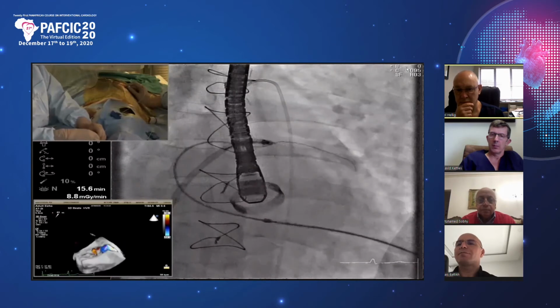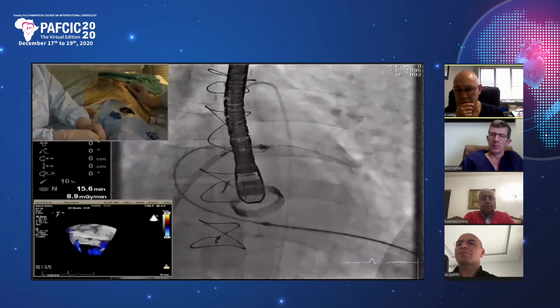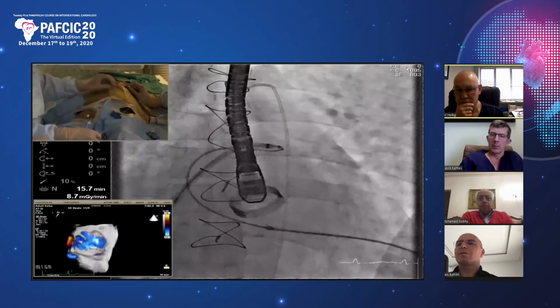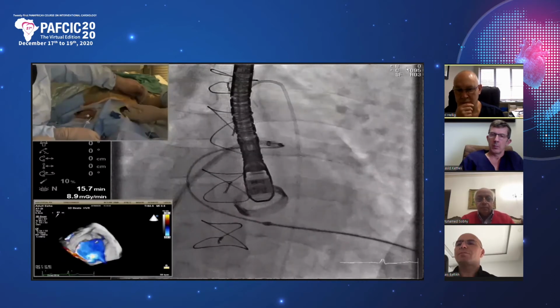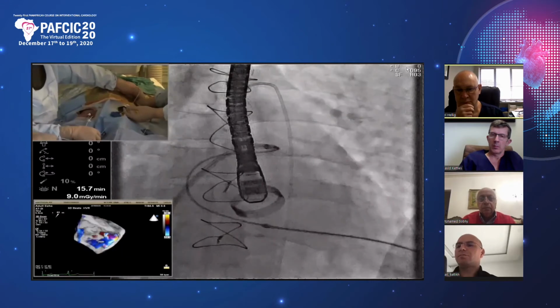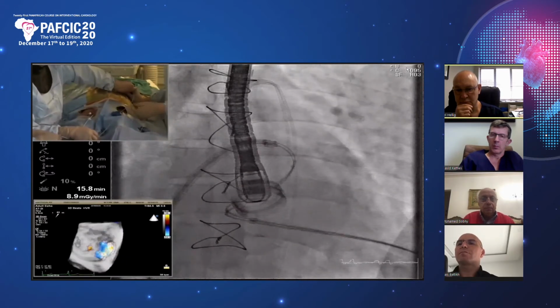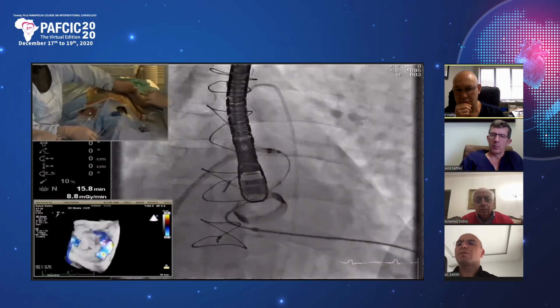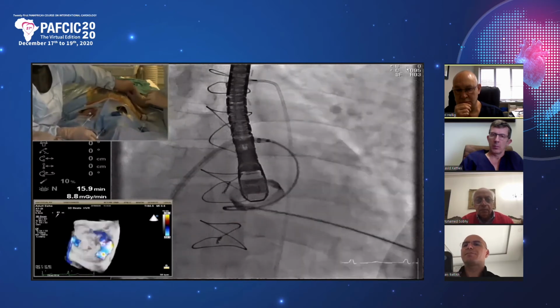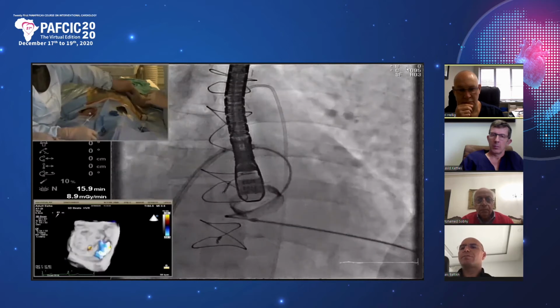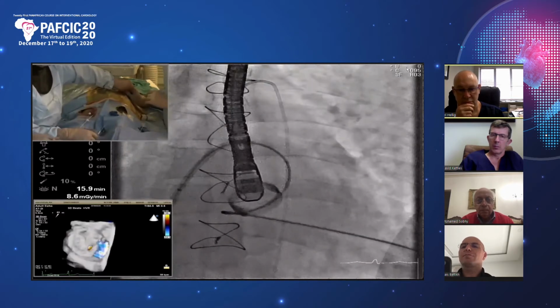So I'm going to ask Ralph to pull that wire in, and then we're going to hold it tight, Ralph. And then we're going to pull back this catheter to straighten everything. Pull, Ralph. And then we try and get this. Yeah, there we go. So we've gone into the whole system.